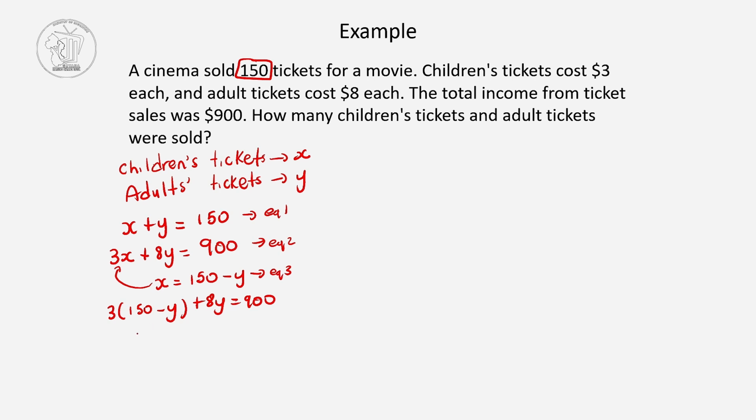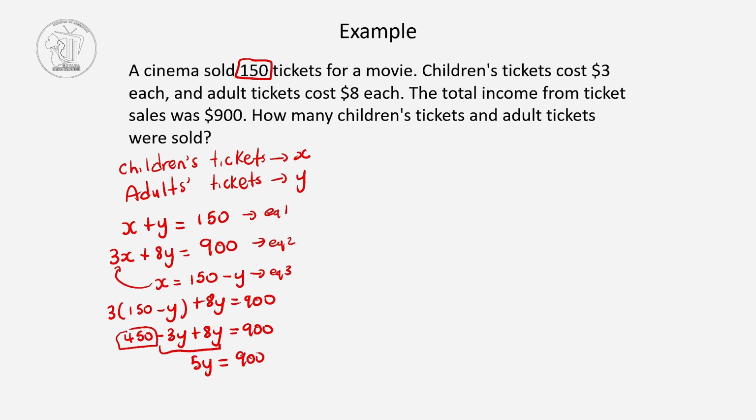So we can multiply now. 3 times 150 would give us 450. Subtract 3 times y would give us 3y, plus 8y is equal to 900. So negative 3y plus 8y would give us 5y, that is equal to 900.